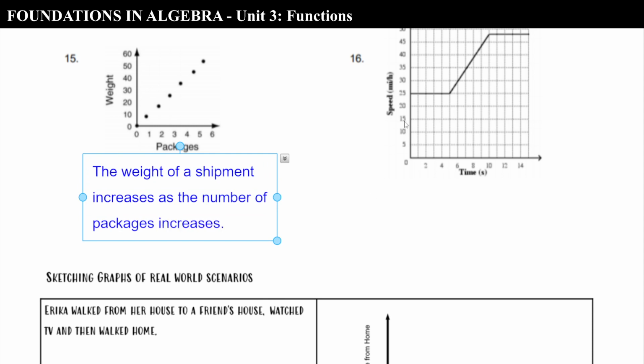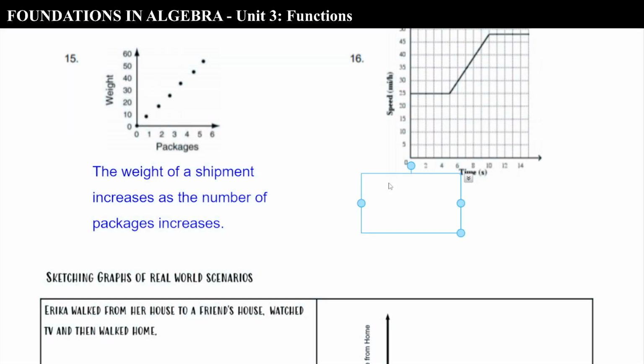And then for 16, we have the speed going constant at 25 miles per hour for 5 hours, or I should say 5 seconds. And then it speeds up and eventually starts to move faster here from 9 or 10 seconds on.